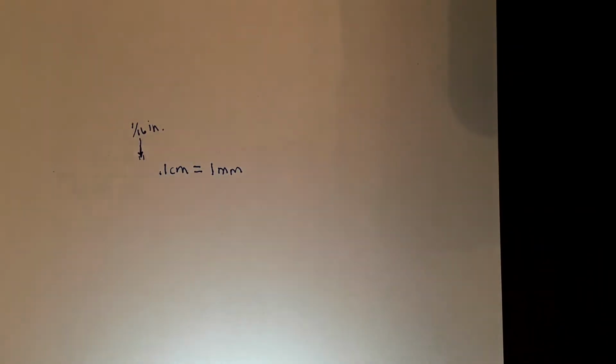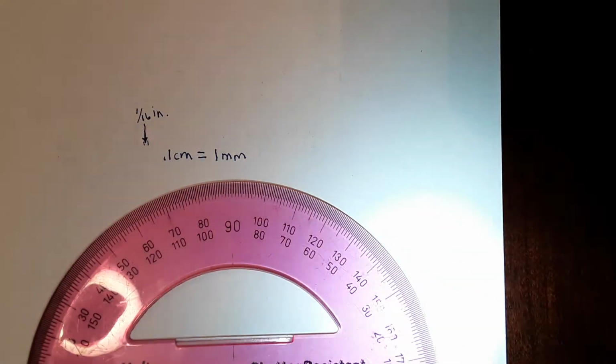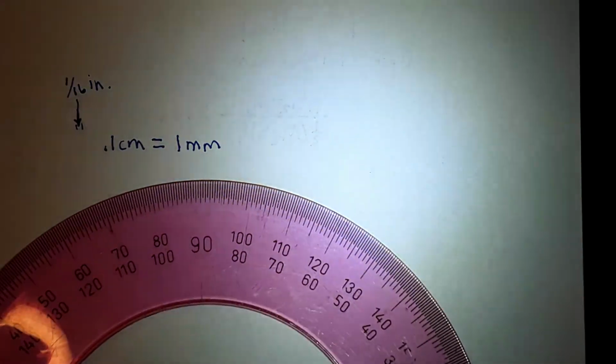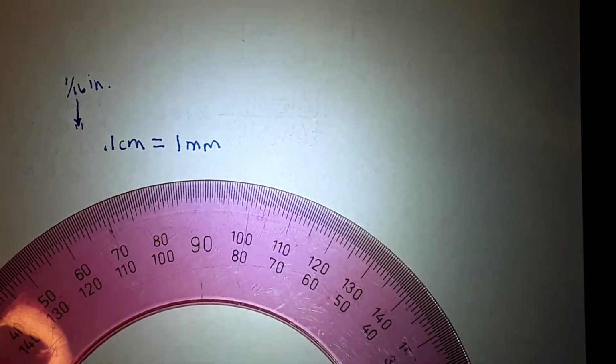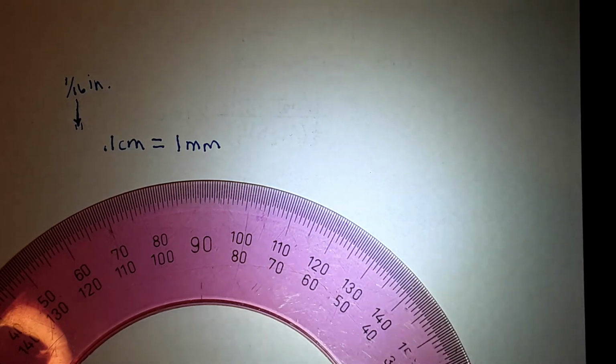Now, look at this next one. This one's going to be a little tougher to see, and I think I'm going to have to try to focus in a little bit more on it. Okay, if you can see from 110 to 120 now, you not only have those 10 regular spaces for degrees, but each of those degree spaces is now divided into 2 divisions. So those are half degrees.